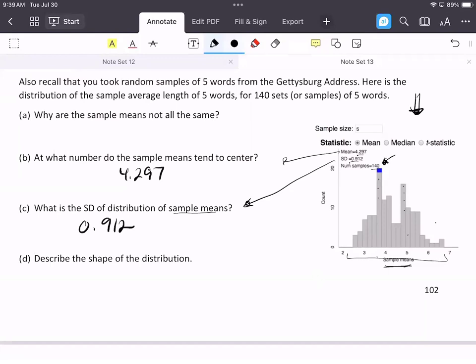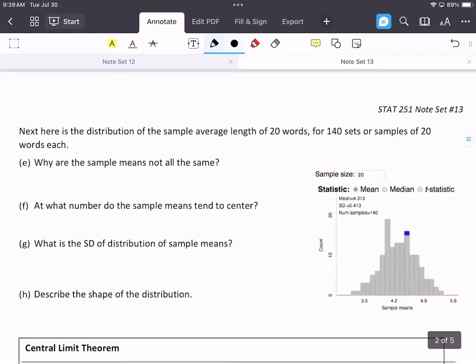And this is kind of a trick question in the sense that it doesn't really have a pretty shape. When I ask this in class, some people will say it's skewed, some people will say it's kind of symmetric, but remember, we have a very small sample size. The sample size is only 5 words. What if I did a larger sample and instead sampled 20 words?